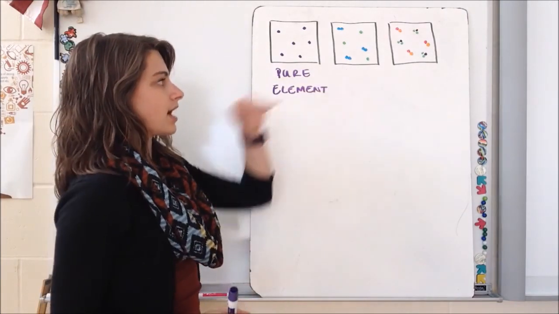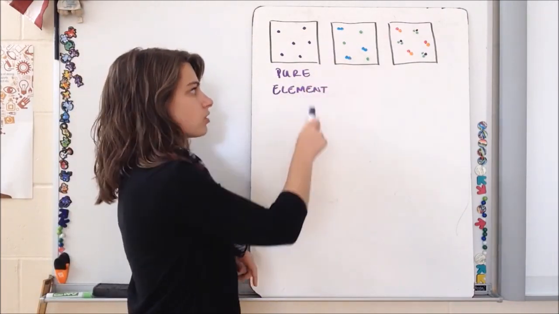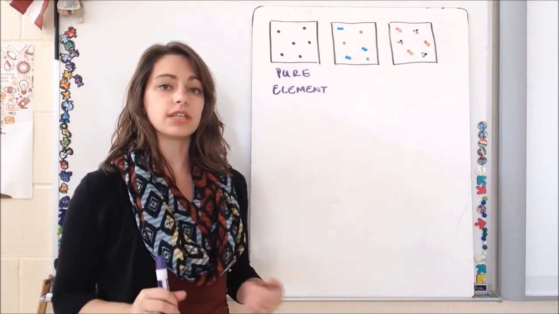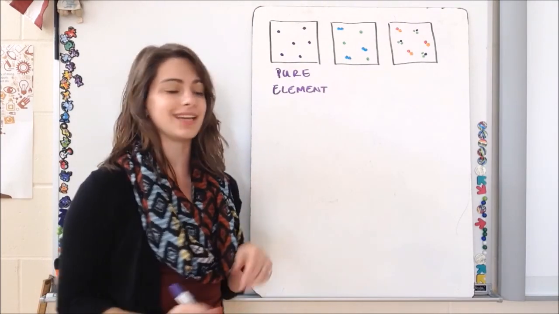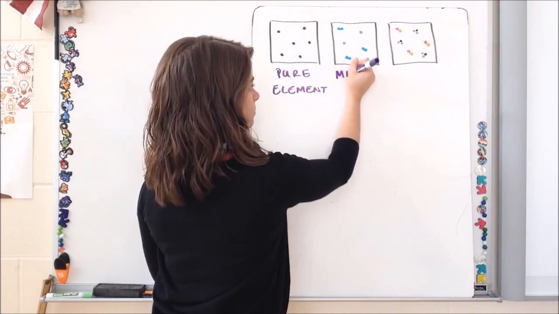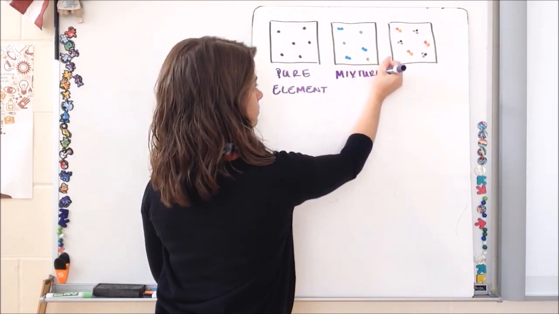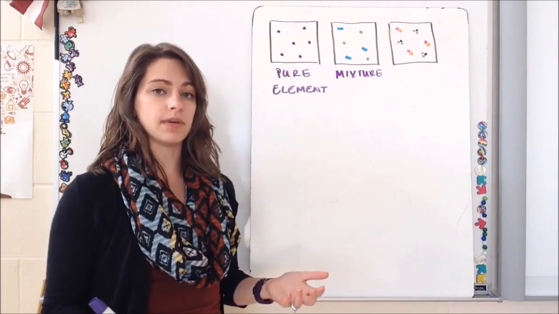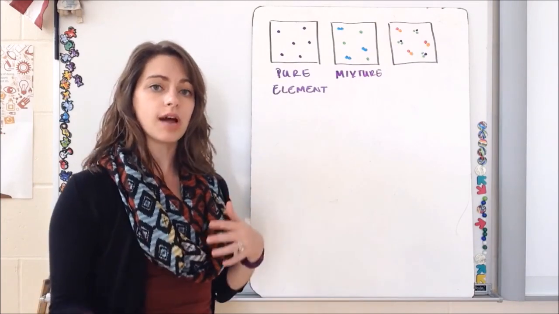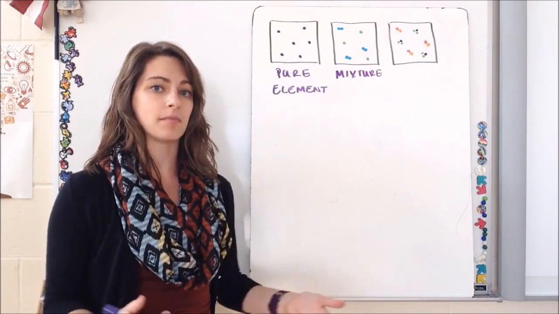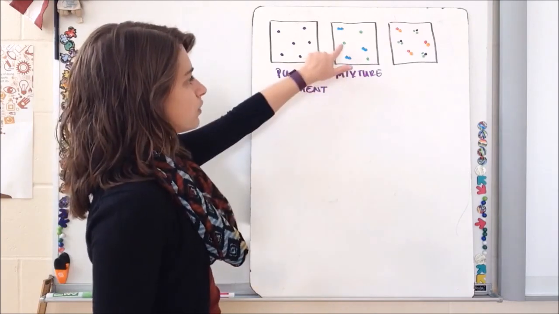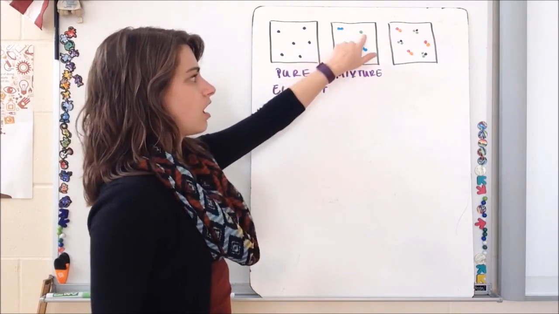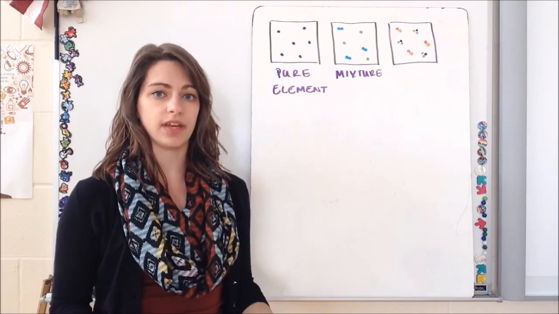If we look at our second box, it has green particles and blue particles. Since it has two different particles, that's going to make it a mixture. Now, we don't know if it's a mixture of two elements, a mixture of two compounds, or a mixture of elements and compounds. So that's what we're going to look at next. Our green dots are just made up of the one thing, so that's an element.